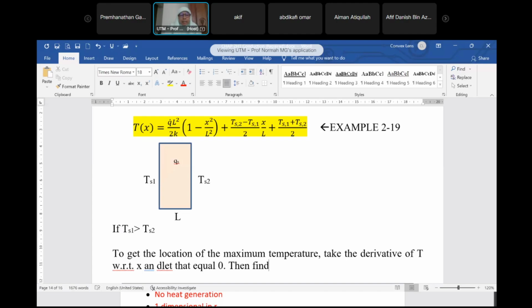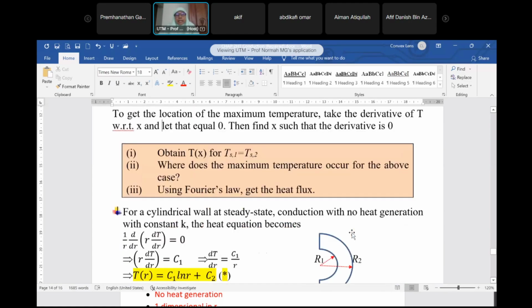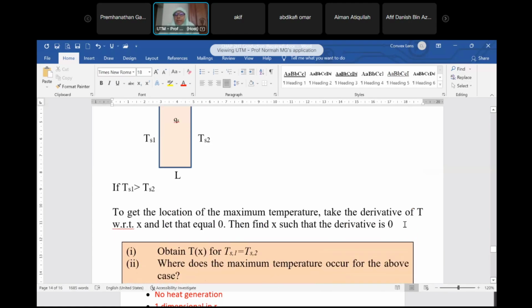Then find x such that the derivative is 0. That's all. If you have y equal to x squared plus something, you take dy/dx equal to 0. I'm not going to show that. You're already in third year, so you should be able to do it. If you have a problem, you may ask me in the group. Maybe some other students are also having the same problem. Perhaps I can give an example.